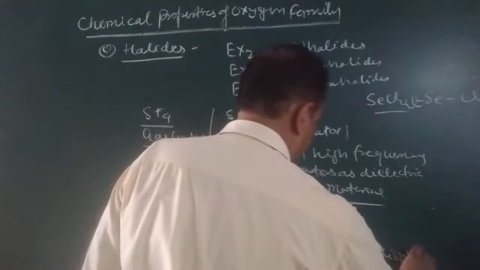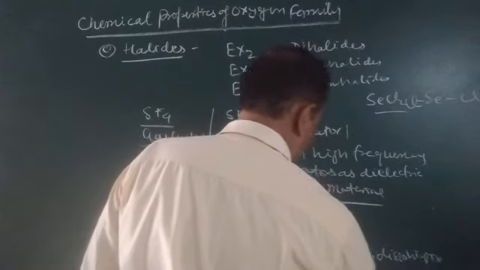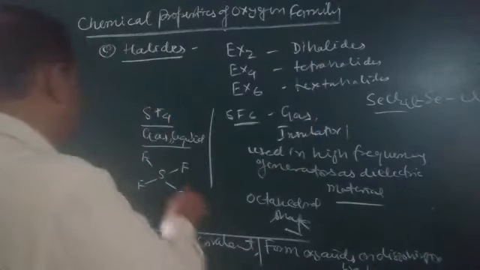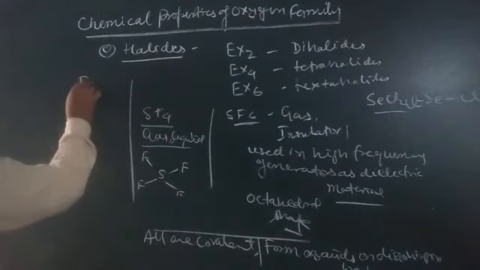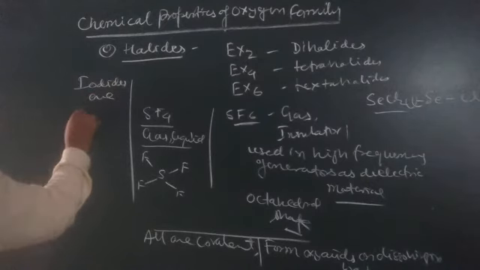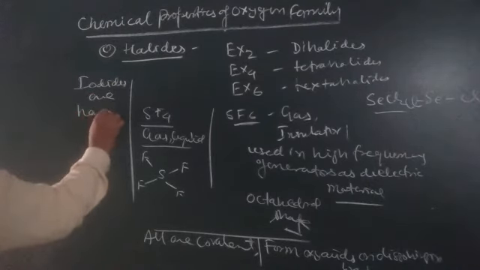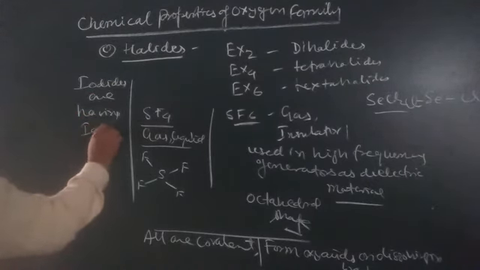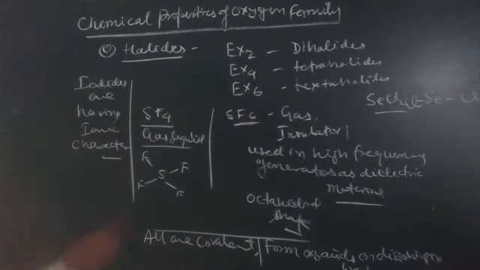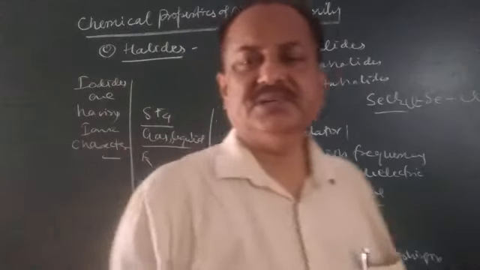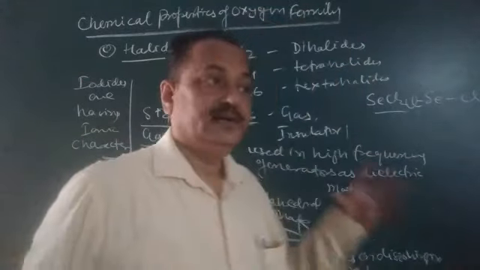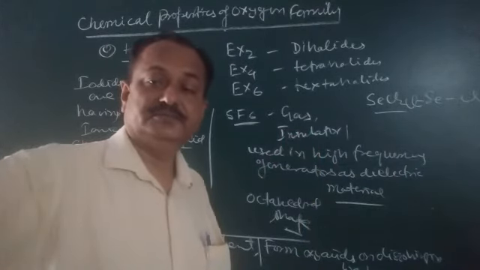And you have to keep in mind that iodides have ionic character. So this is the general description of the halides of chalcogens.